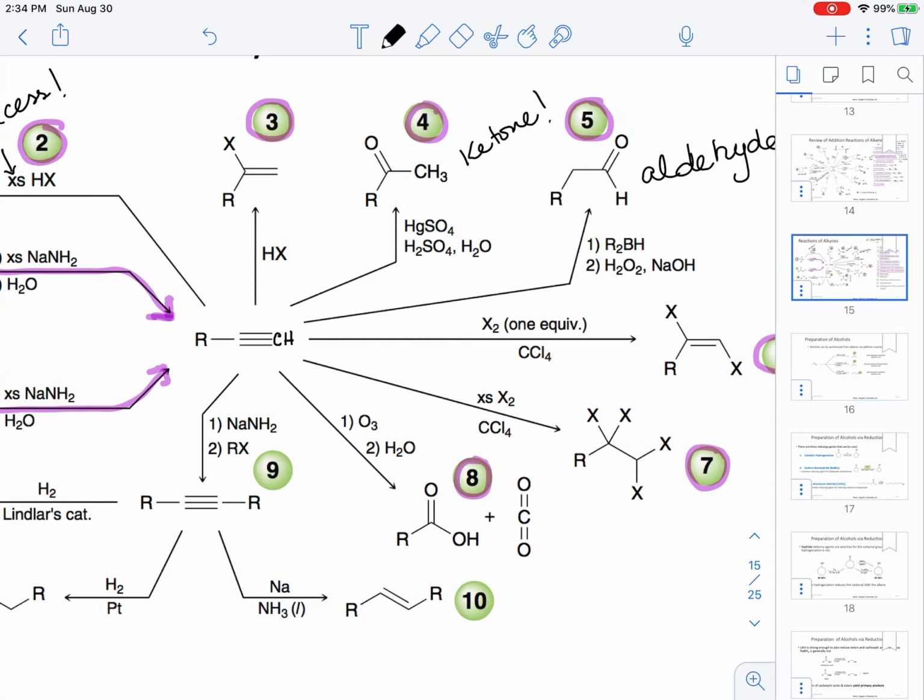So when the ozonolysis happens, meaning that we are going to be cleaving the 2 pi bonds and the sigma bond in that alkyne, the resulting molecule at the area of the CH produces carbon dioxide. The rest of the molecule, instead of producing an aldehyde or a ketone, we actually produce a carboxylic acid.